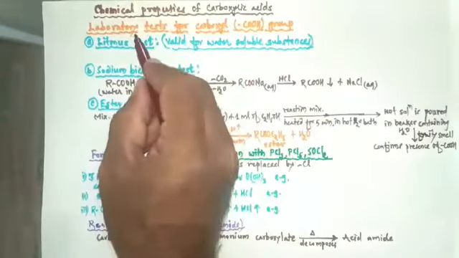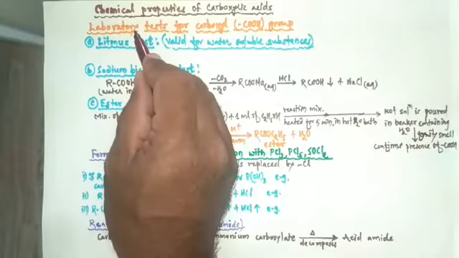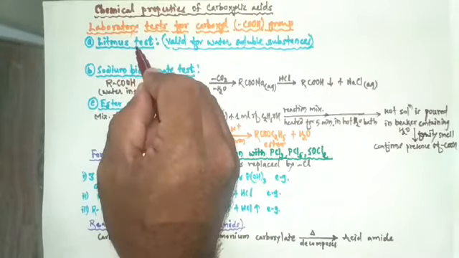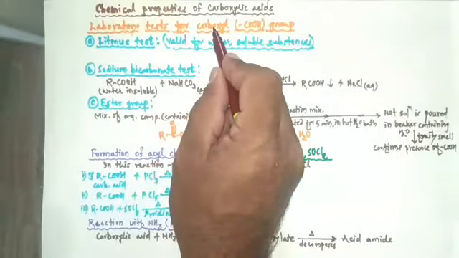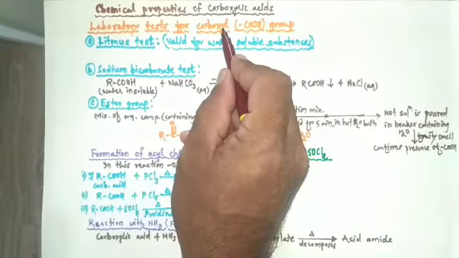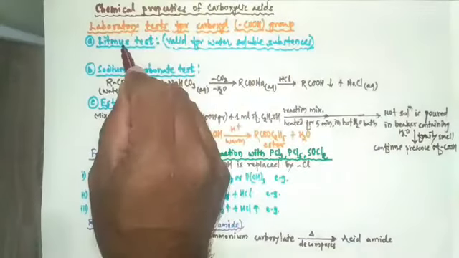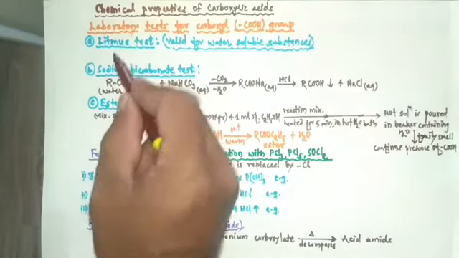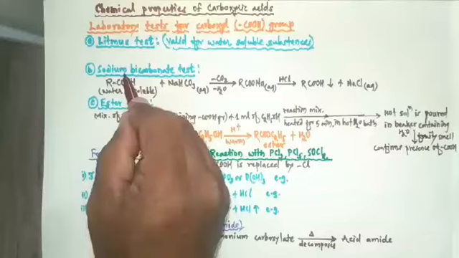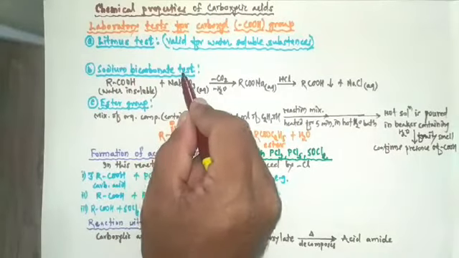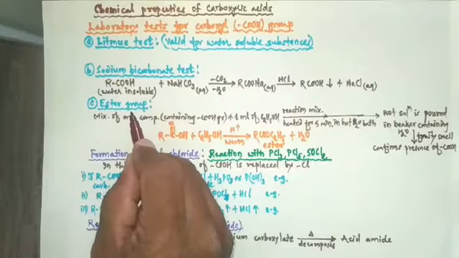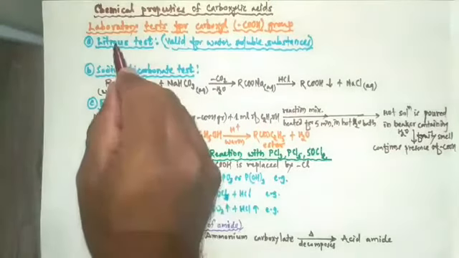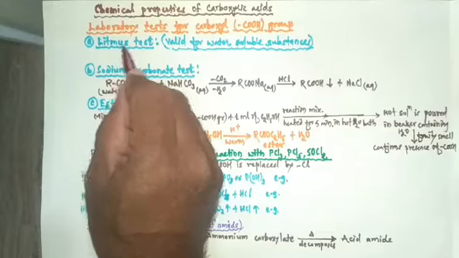There are three tests by which we can identify the carboxyl group in an organic compound. The first test is the litmus test, the second is the sodium bicarbonate test, and the third is the ester group test. So let's study the first test, that is the litmus test.